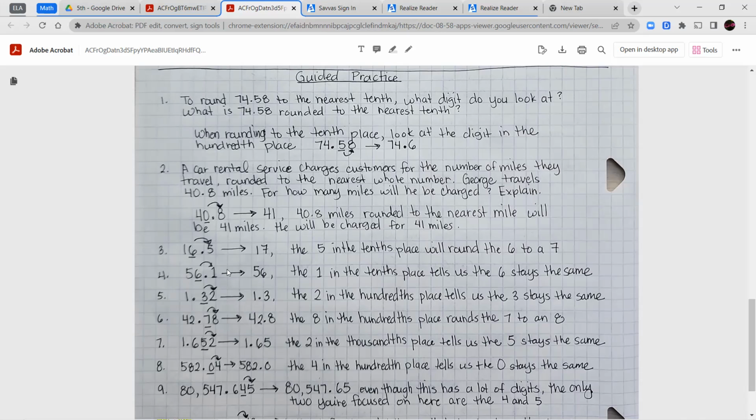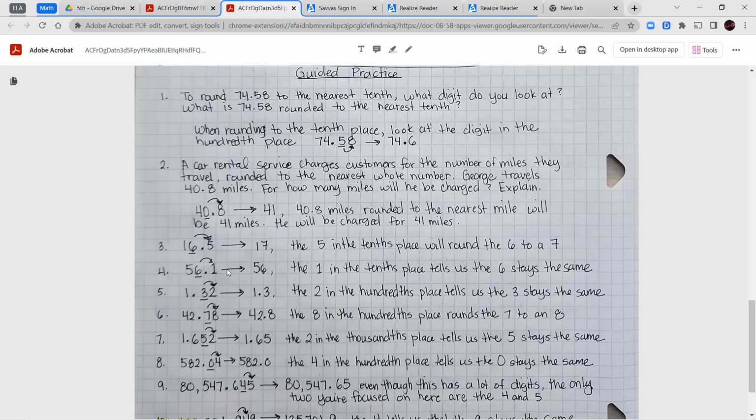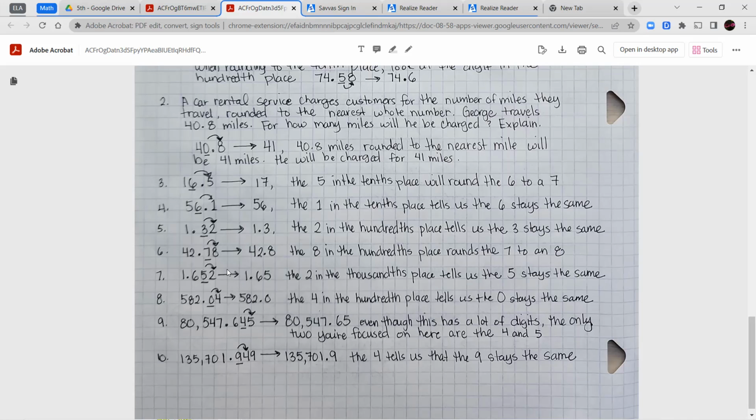All right, for numbers 3 all the way through number 10, they're going to give you a digit and they're going to ask you which way it's going to round. So for number 3, your number is 16 and 5/10 or 16.5. You need to decide, is the 6 in the ones place going to stay the same or is it going to round up?